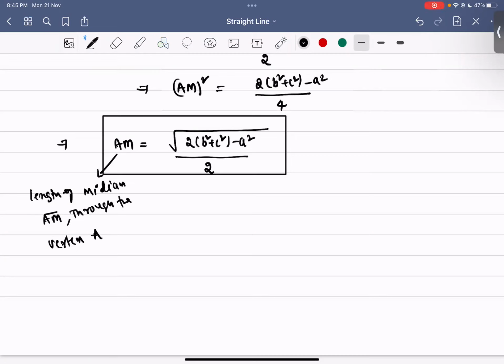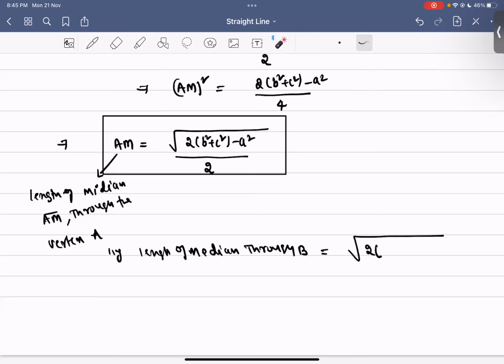Next, similarly, can you write the remaining lengths or not? Similarly, by symmetry we can write the length of the median through B is equal to, tell me, the square root of 2 times... It is easy to write with respect to vertex A, where we got small a, and here small b, c. So through vertex B, in place of a you will have b, and here a, c.